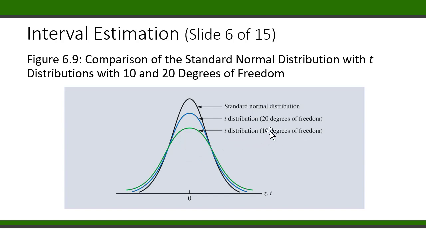Notice how when you go up in degrees of freedom, the peak gets higher and it gets closer to a normal distribution. Also notice that the standard distribution is a black line here, and so the t-distribution is slightly wider than the normal distribution.